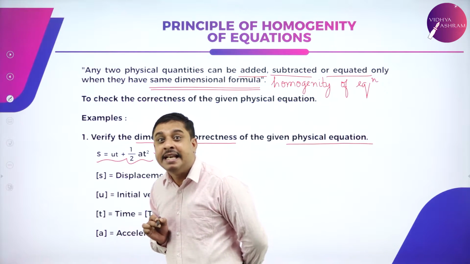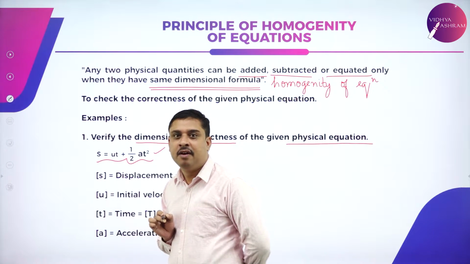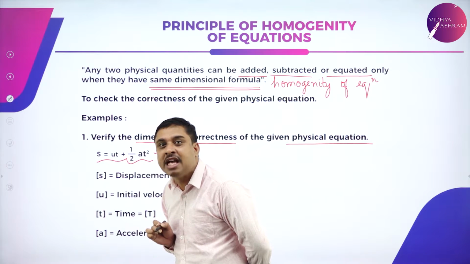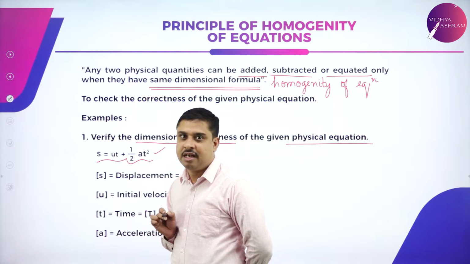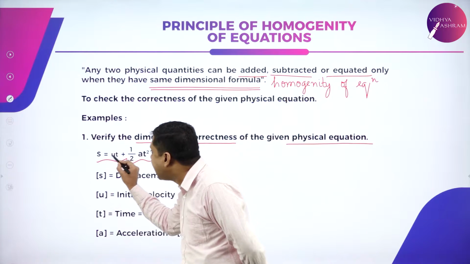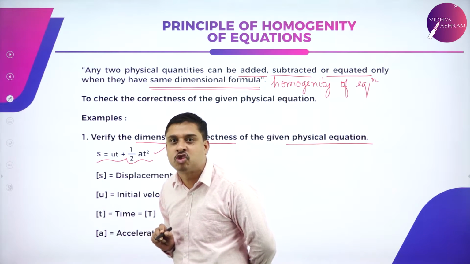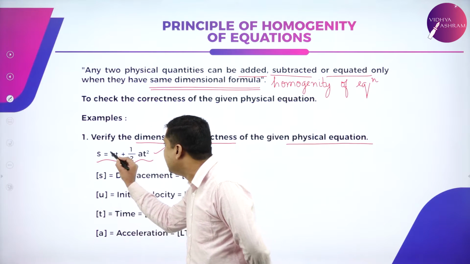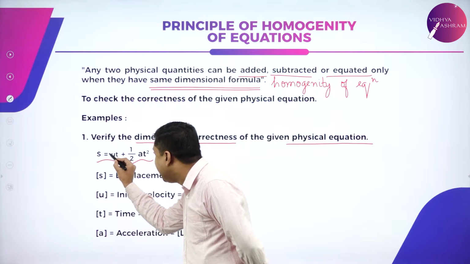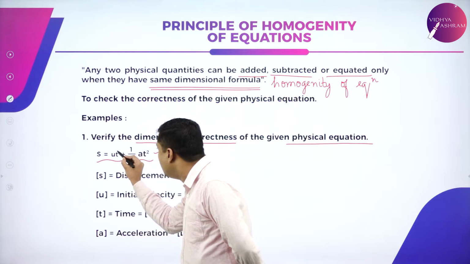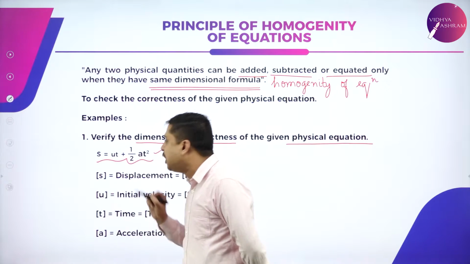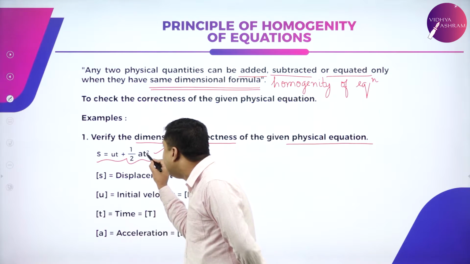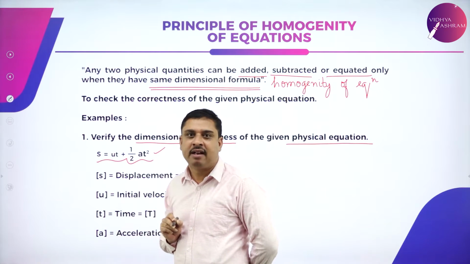Coming in the next chapter, we will derive the three equations of motion. This is the second equation of motion. What are the terms involved in it? Yes, S equals u into t plus half a t square.